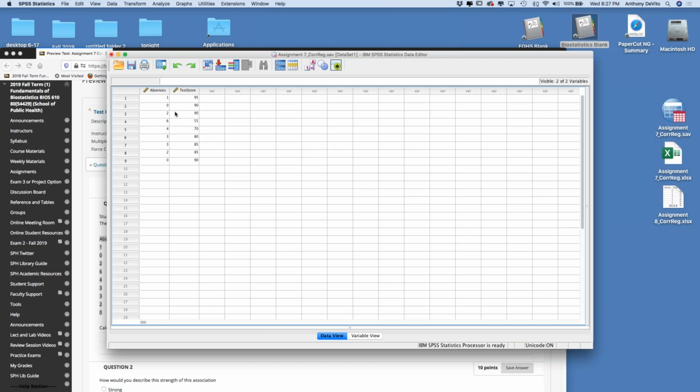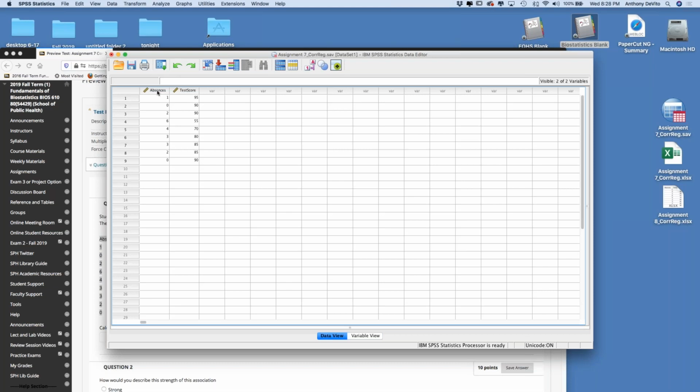So if I'm looking at it this way, then what I'm basically doing is assigning absences the title of predictor or independent variable. If I'm saying that about test scores, I'm assigning the definition predicted value or dependent variable to the test score.